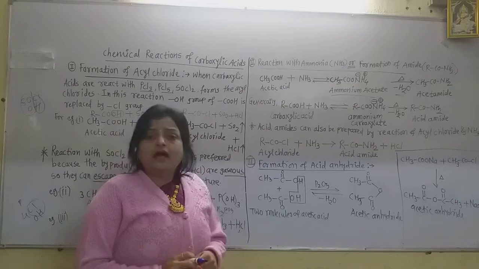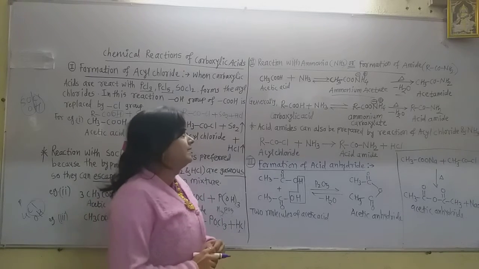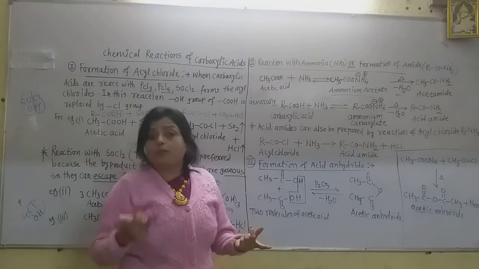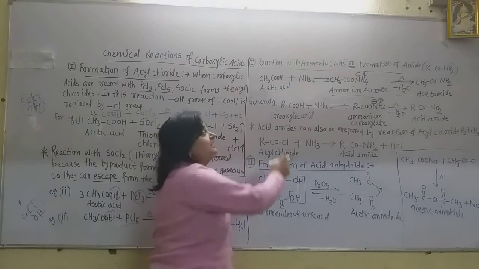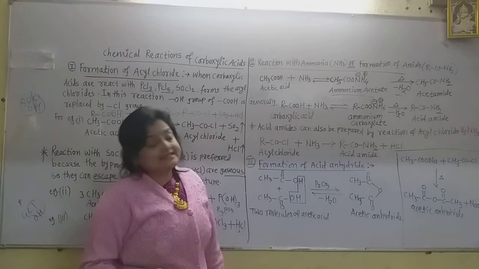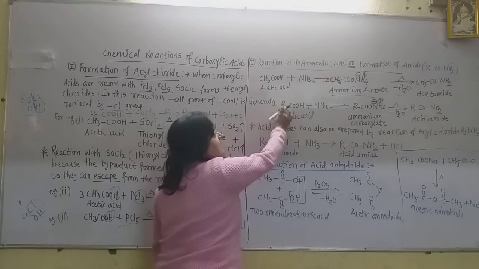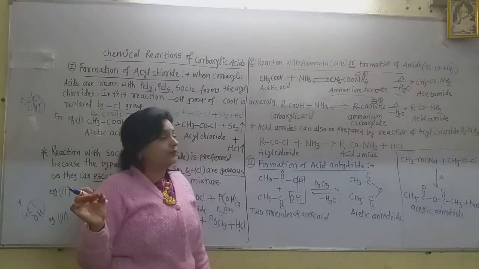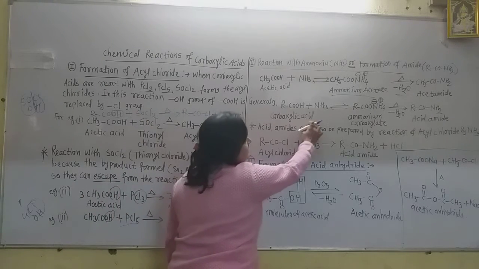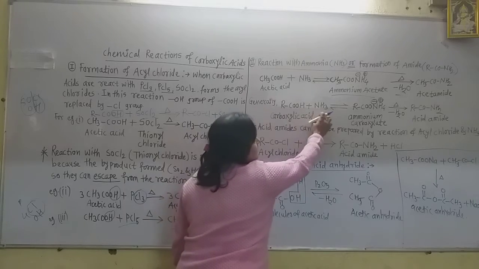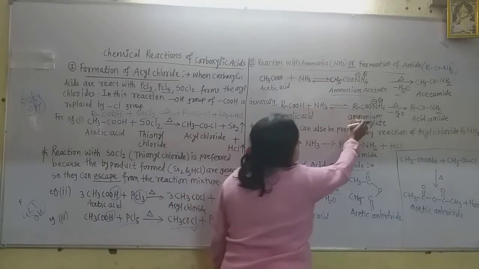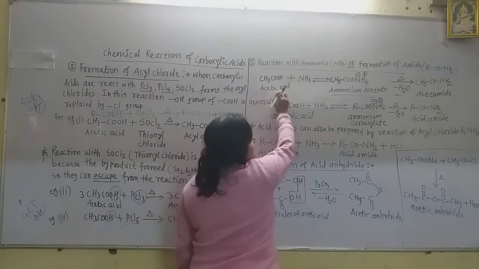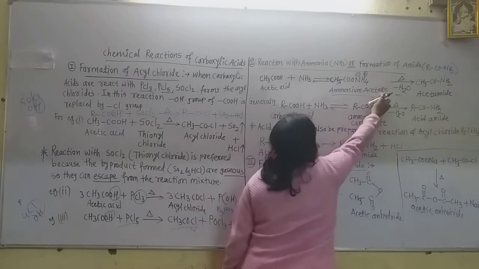So generally this is how the reaction goes; you can take any acid. If they ask you the question, prepare the propanamide, then you must take propionic acid. That means in place of this R, there is the CH3CH2 group. Now this is the general reaction. On addition of ammonia it forms ammonium carboxylate. As here I used acetic acid, I gave the name ammonium acetate.